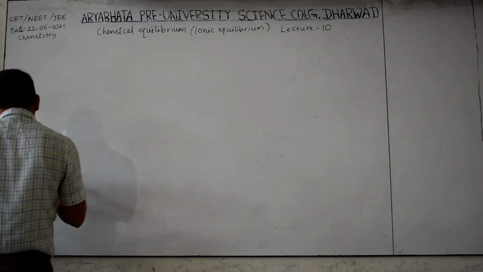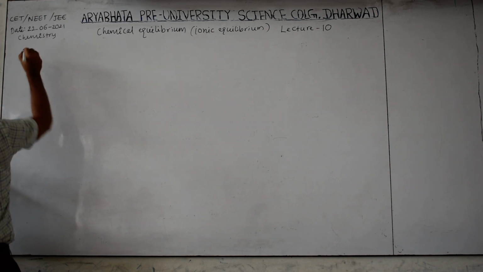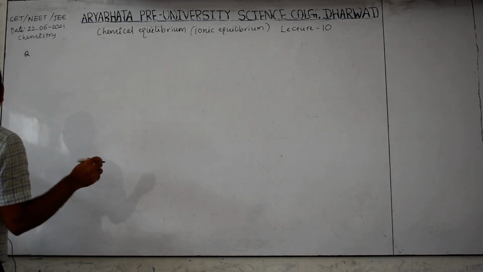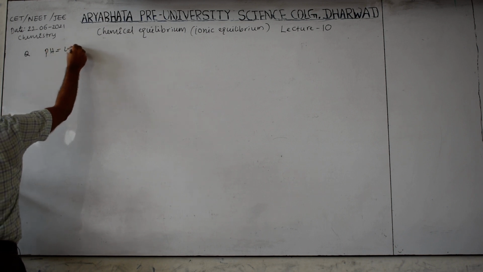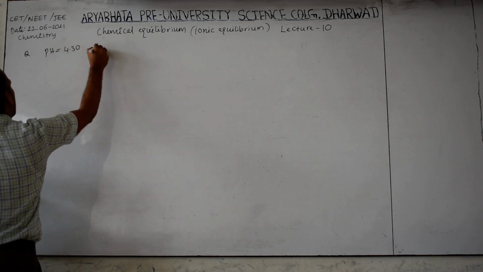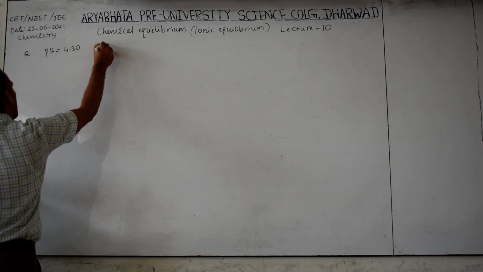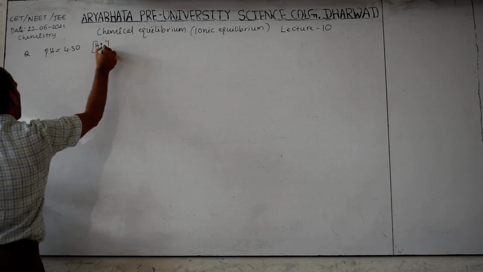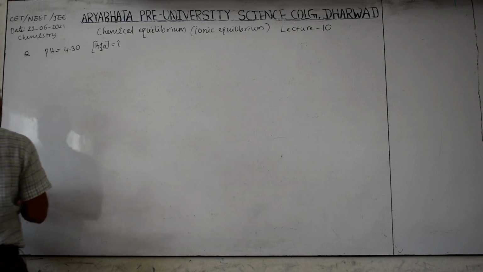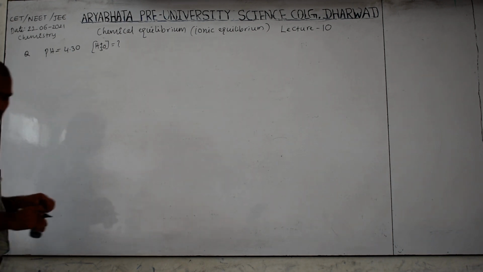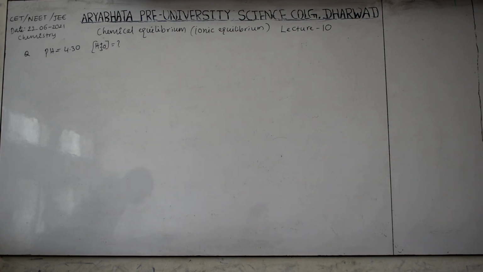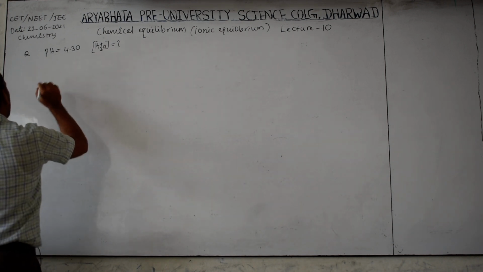Some other question is: a beer has pH 4.3, then what is the H3O plus ion concentration, or H plus ion concentration? When this is given, what is our answer? We have to calculate the H3O plus ion concentration.